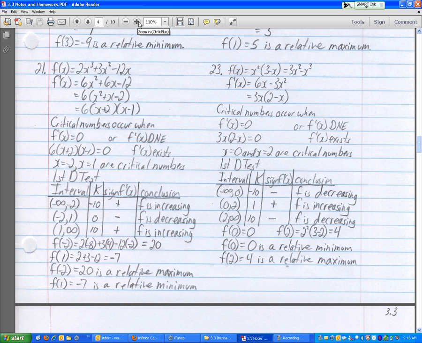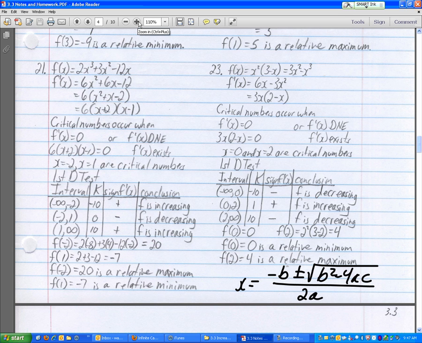Well, you know the quadratic formula. A is the coefficient of x squared, B is the coefficient of x, C is your constant. Yeah, it gives you two.